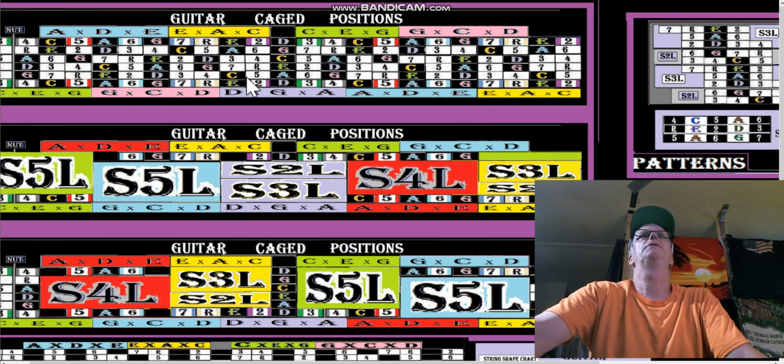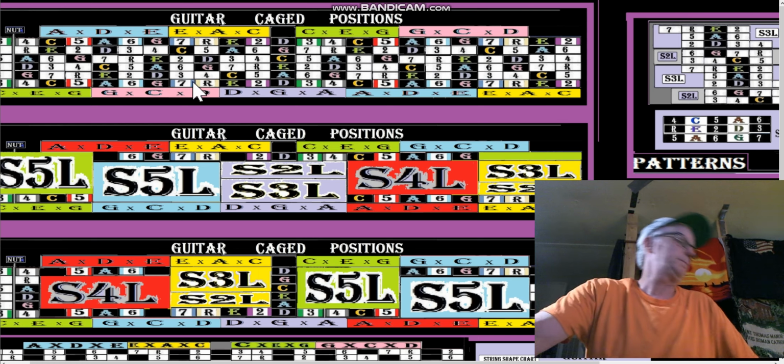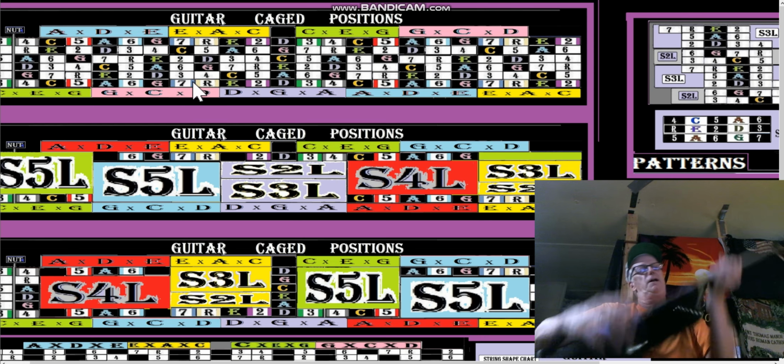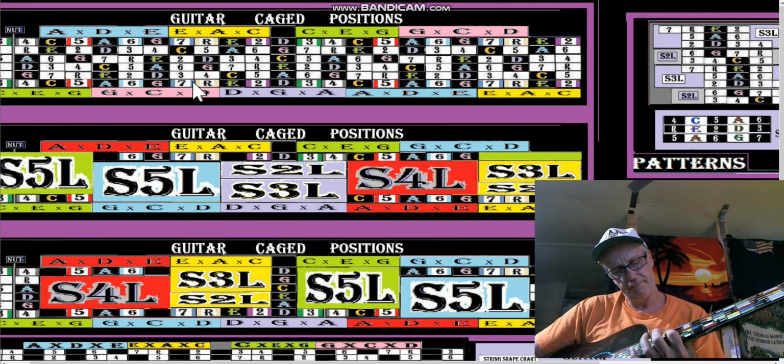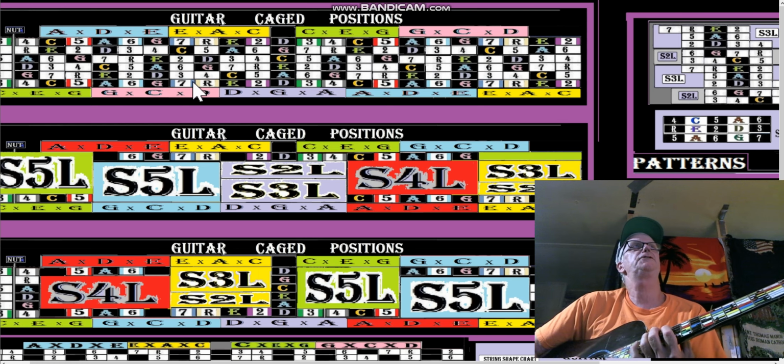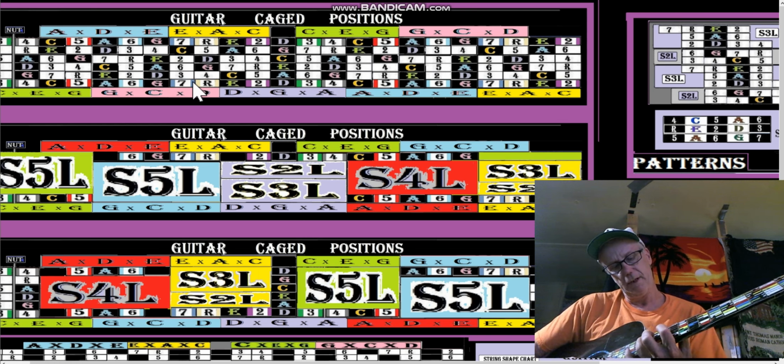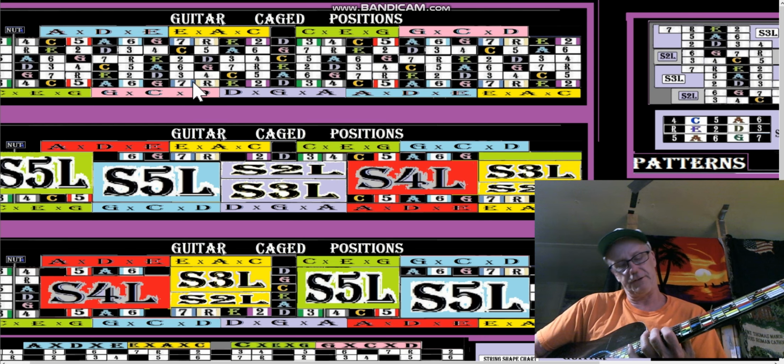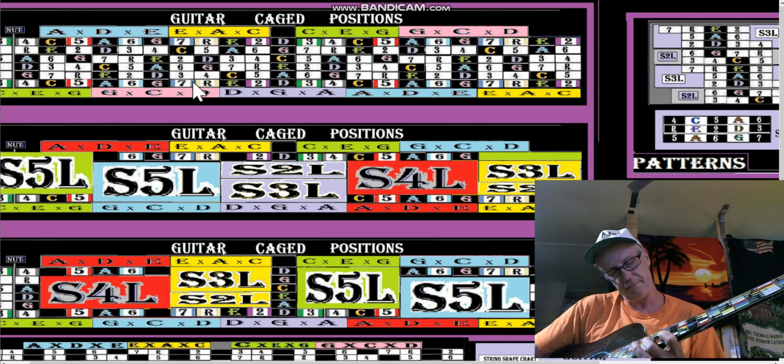7, root, 2, 3, 4, 5. Okay. So what we're going to do now, of course, with the E shape you could always start with an S4L. But if you just play that E shape on the bottom, you can go into an S2L there, and then an S3L.